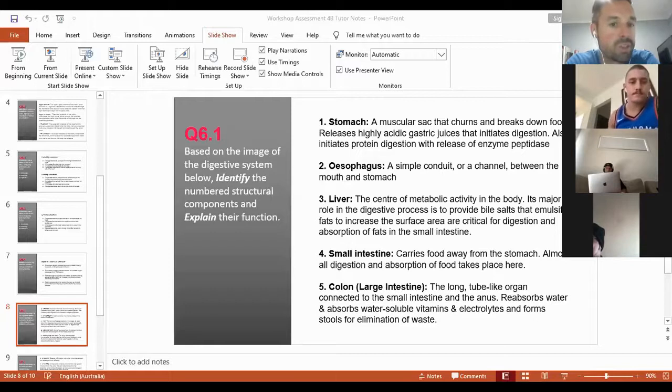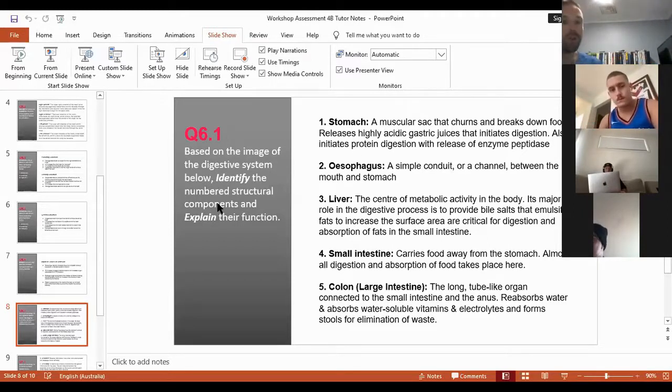So the liver produces bile, the bile gets stored in the gallbladder, and then when the body senses that it's eaten food that has fat in it, the gallbladder will release the bile. It'll go into the stomach and into the intestine and help to break down those fat molecules. So that's the role of the liver in digestion. All right, everyone okay with that one? That's the liver.